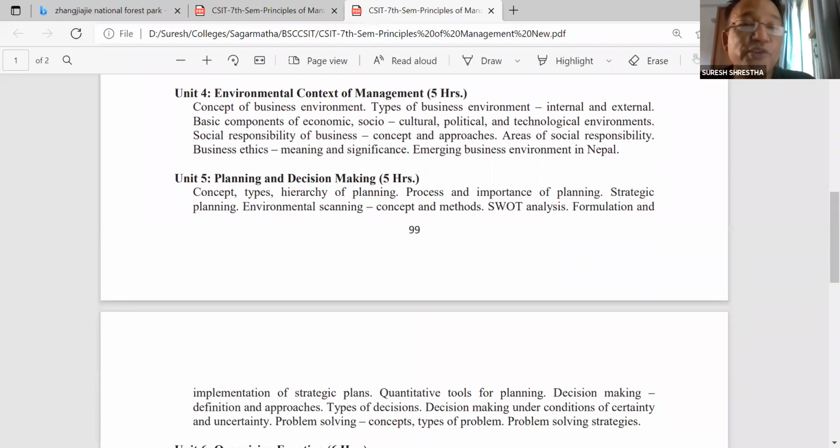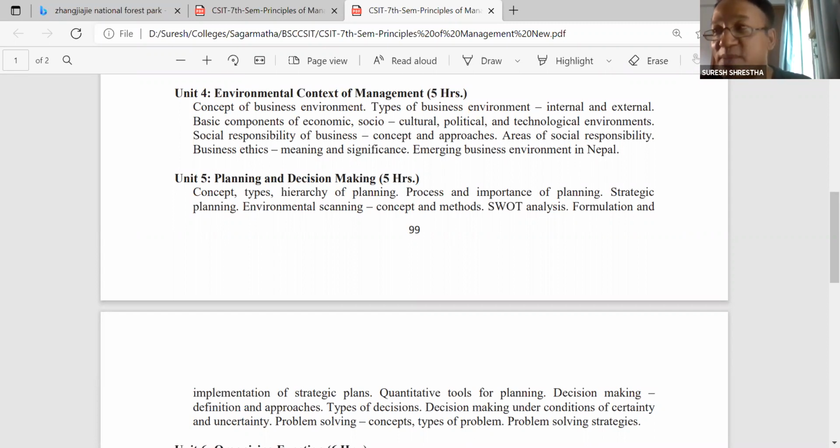And the fourth unit deals with the environment. An organization will have two basic kinds of environments. One is your internal environment, how the environment is within the organization.